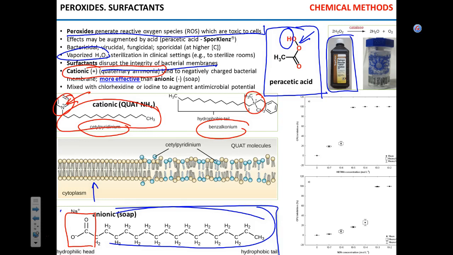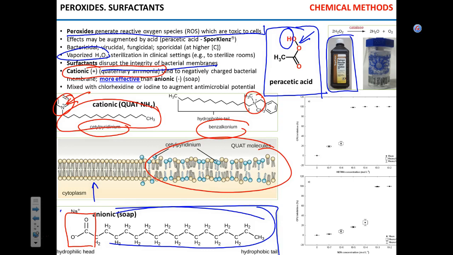Positively charged nitrogen will efficiently attract or be attracted to the negatively charged membrane surface, will be incorporated into the membrane, will disrupt it, and cells will die. Quaternary ammonia can be pretty efficient. You tested their efficiency several weeks ago. Microquat is a quaternary ammonia compound.